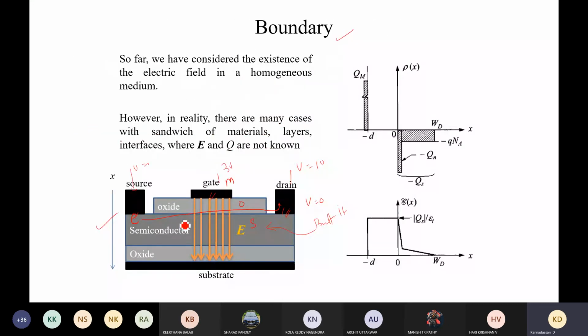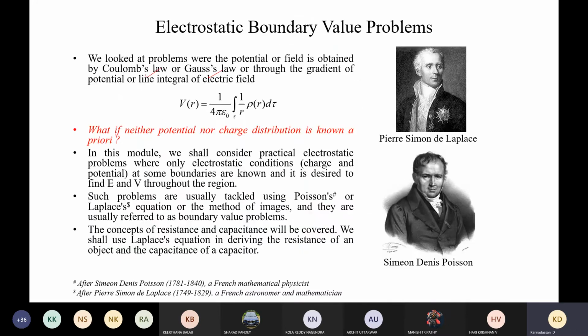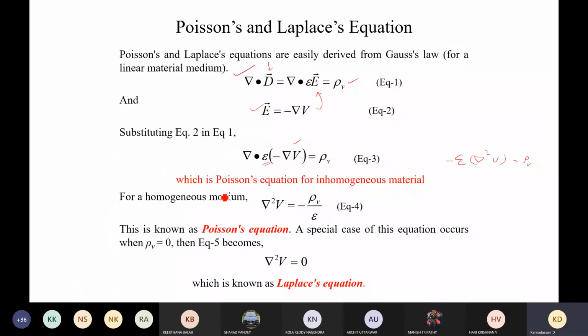But this is completely inhomogeneous material. Here it is a different dielectric constant, this is a different dielectric constant, and for metal the dielectric constant is 1. Like that, some different conditions are there. And for a homogeneous medium, we can write like this. This is what we call the Poisson equation.